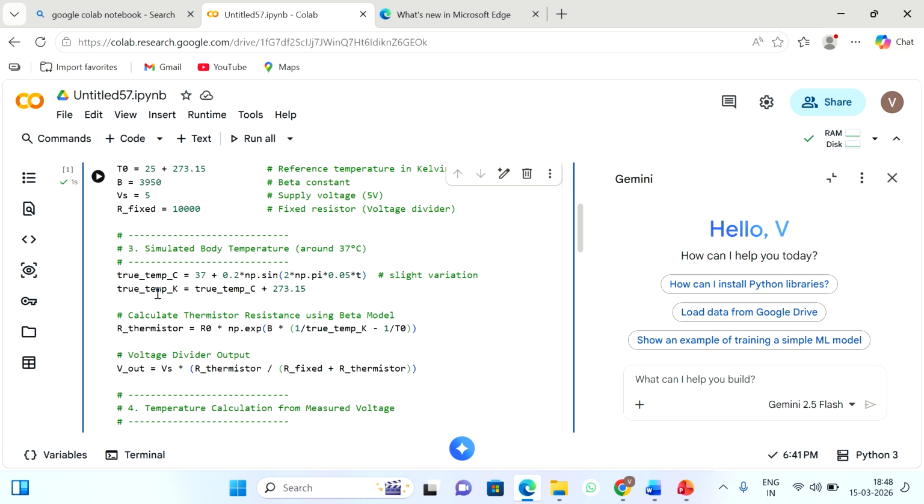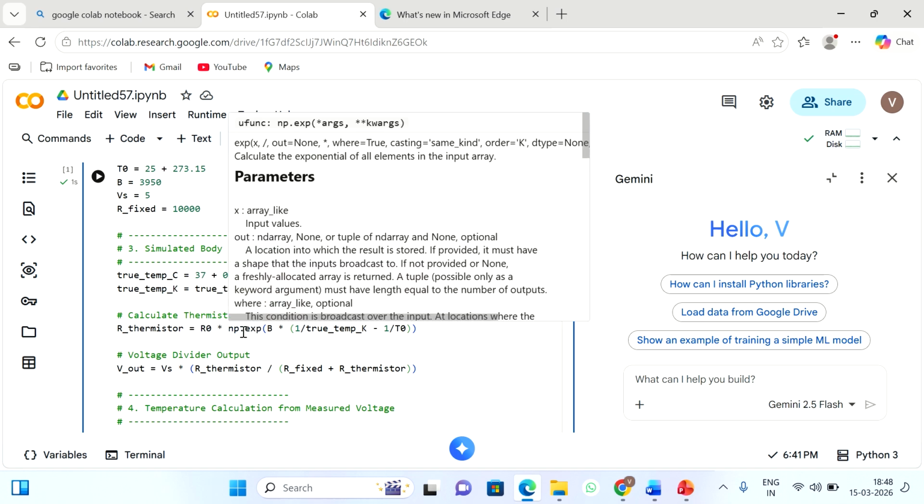So here the normal body temperature is 37 degrees C, and a small sinusoidal variation of plus or minus 0.2 simulates natural physiological fluctuation. Then it converts to Kelvin: true_temp_Kelvin is equal to true_temp_C plus 273.15. Next is the thermistor resistance model.